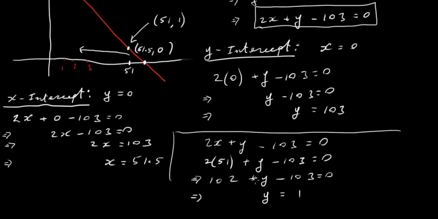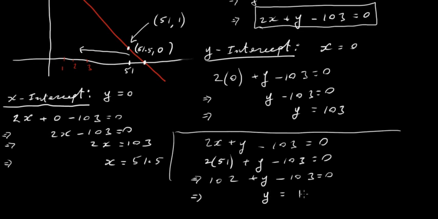Now you can see here as well that every time I put a whole number x value in, I should get a whole number y value as well, because once I multiply my x by any whole number and isolate the y, there's no coefficient of y, so I won't end up dividing by any number. So y will be just some whole number minus 103, which is just a whole number as well.